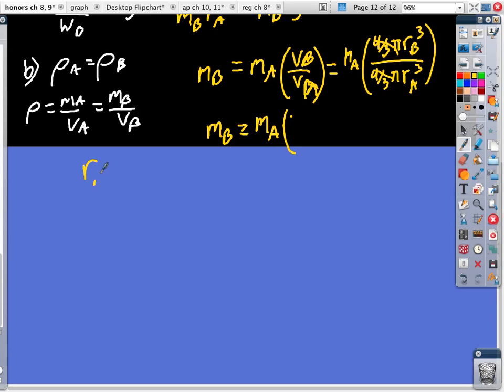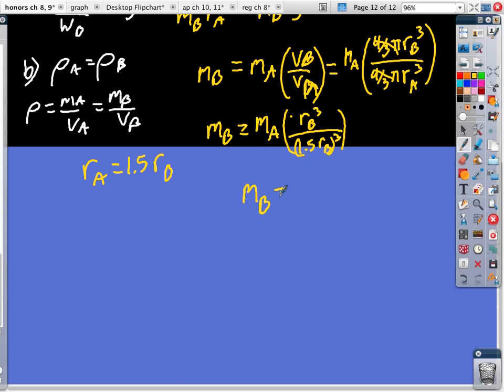And we know that RA is equal to 1.5 RB. So I can go ahead and plug this in and say RB cubed over 1.5 RB cubed. And 1.5 cubed is 3.375.